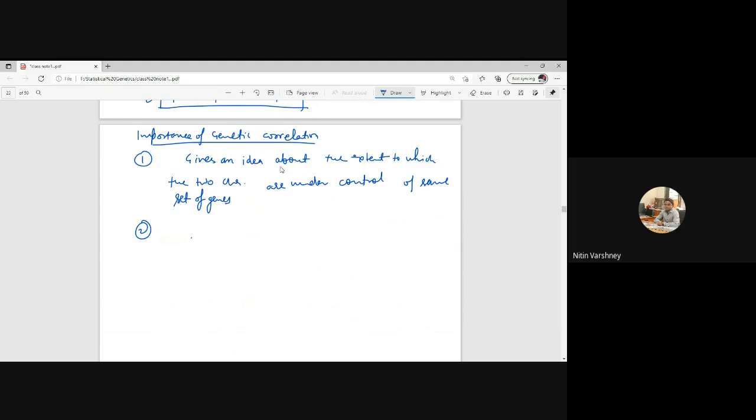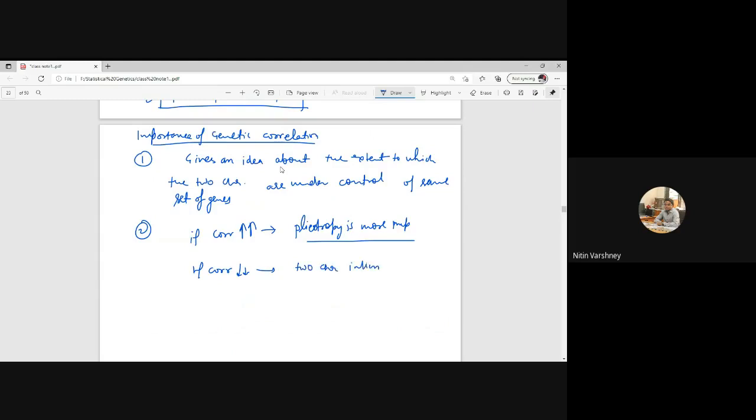Second one, if correlation is high, then what does it represent? It will represent that pleiotropy is more important. More important means a single gene will be there and it will affect or govern more than one character. And if correlation is very less, then we can say that two characters are inherited independently.